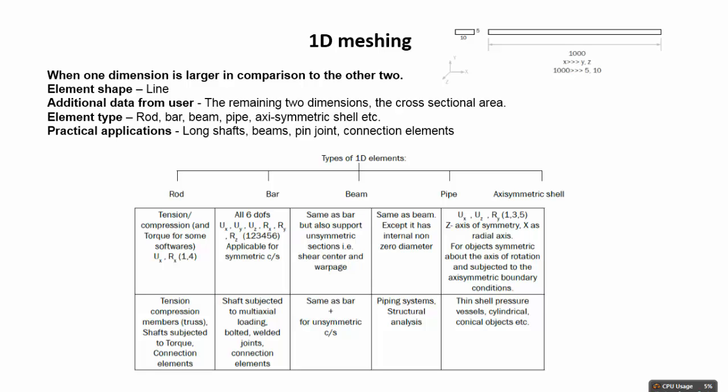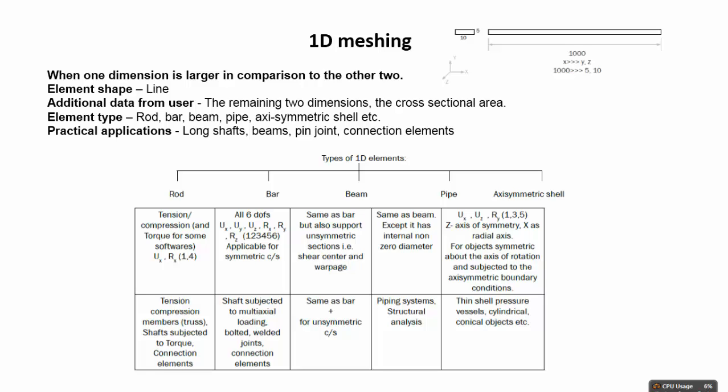If the available cross section is unsymmetric, we have to use the beam element, which is the same as bar but also supports unsymmetric sections. There is another type, the pipe element, which is also the same as beam, but it has a non-zero diameter.